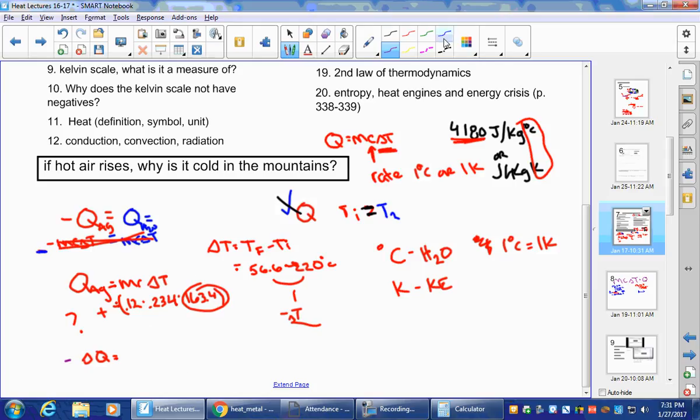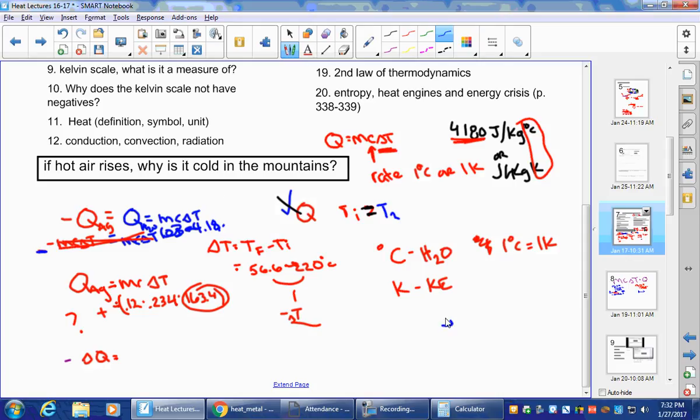Now look what happens when I plug this into the water side of the equation. Now the mass of water is 0.03 kilograms. The C of water is 4.18. And the change in temperature, let's look at the change in T this time.